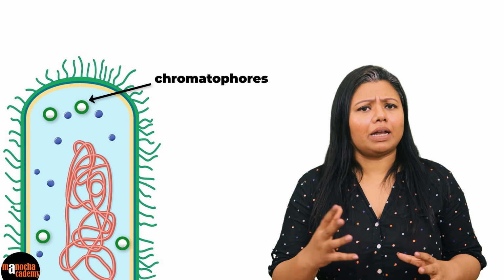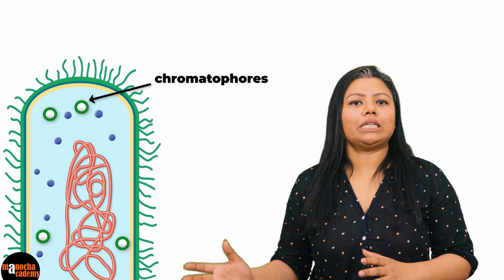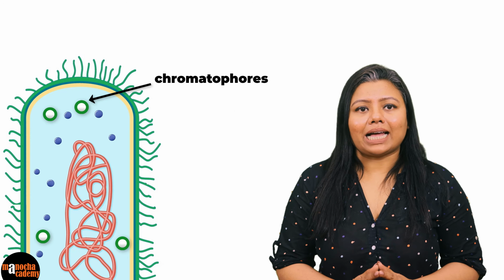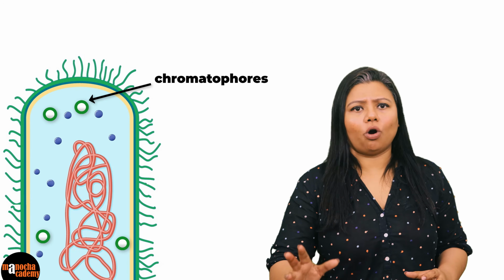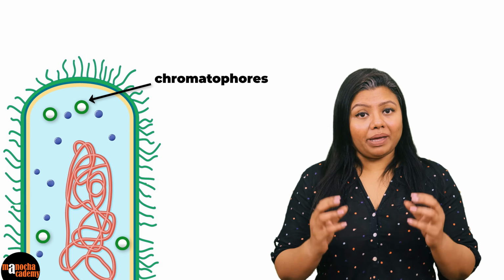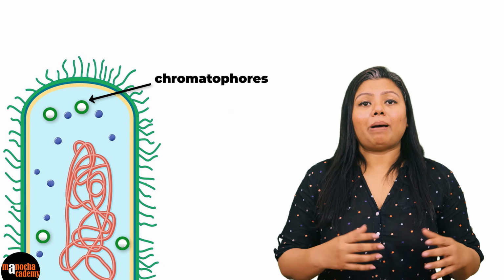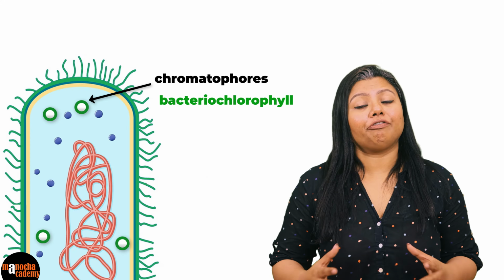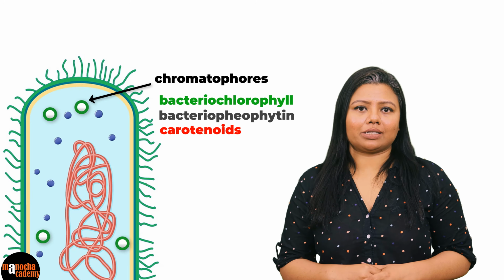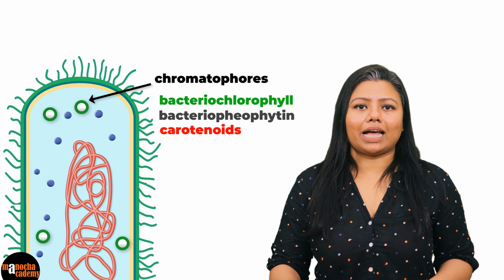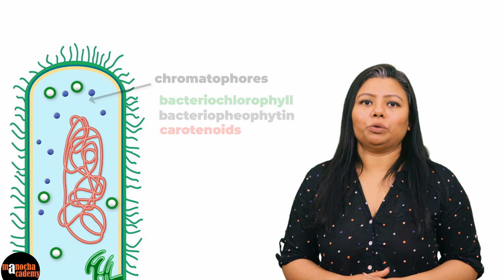That is, they have that protein lipid structure as we see in cell membrane. But in some, they are atypical, that is, they are not proteinaceous or made up of lipids. The pigments that are present inside these membranes are usually bacteriochlorophyll, bacteriopheophytin and carotenoids. In photosynthetic bacteria, chromatophores act as a site of synthesis of food.